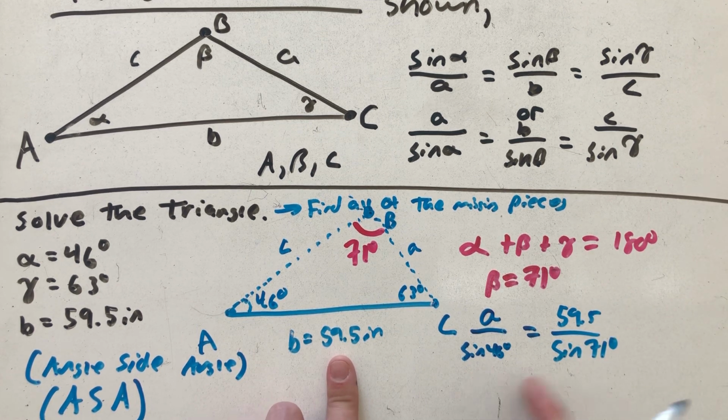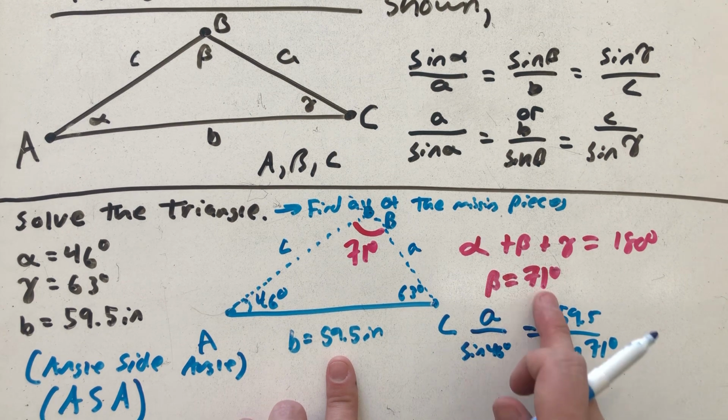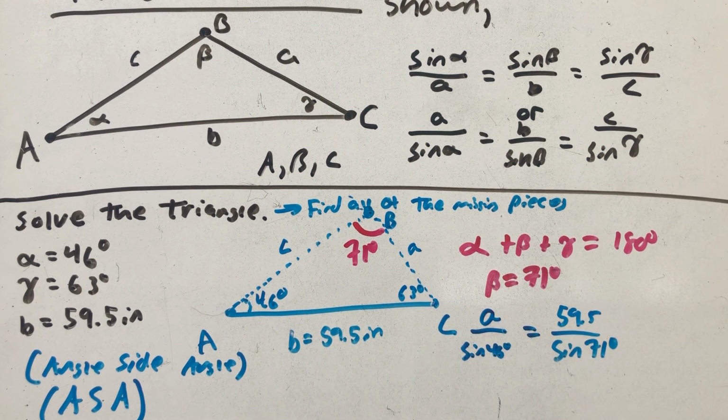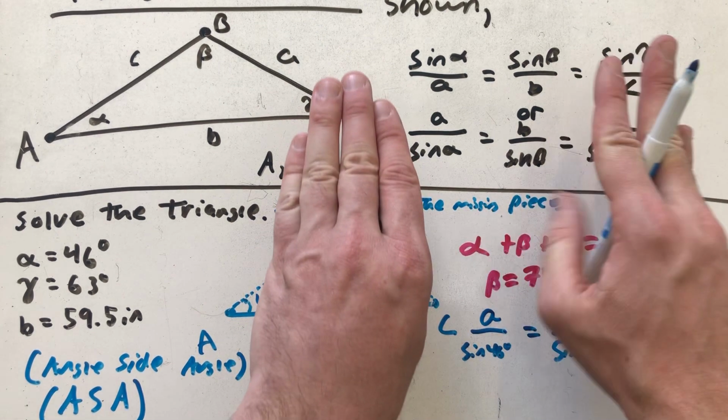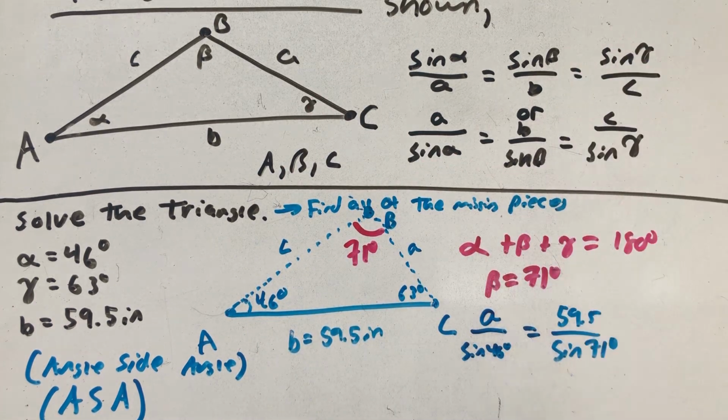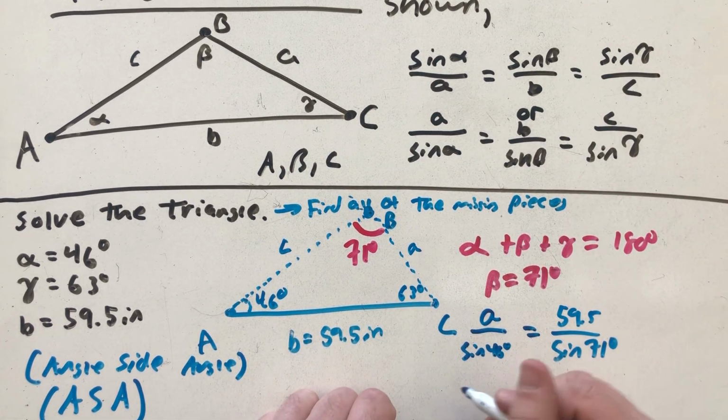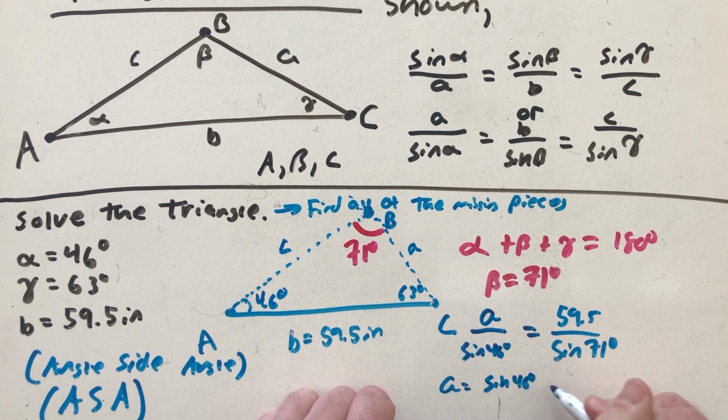I have three pieces of the four things involved in that way of thinking about the law of sines, so I can definitely find the fourth. In fact, A is equal to sine of 46 degrees times 59.5 over the sine of 71 degrees, just thinking about multiplying that to the other side.